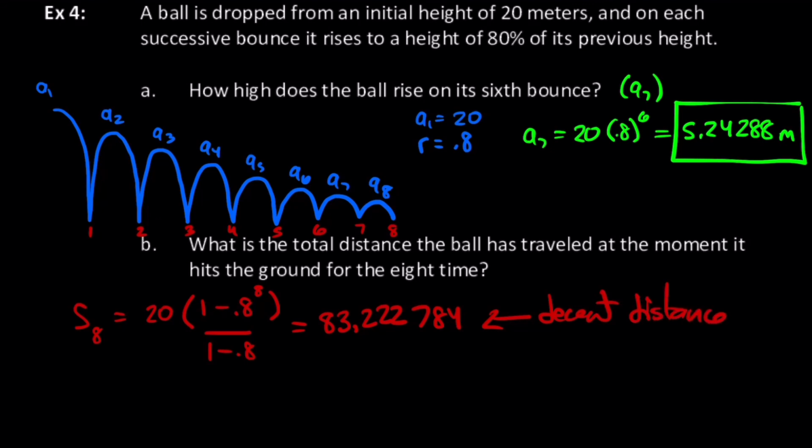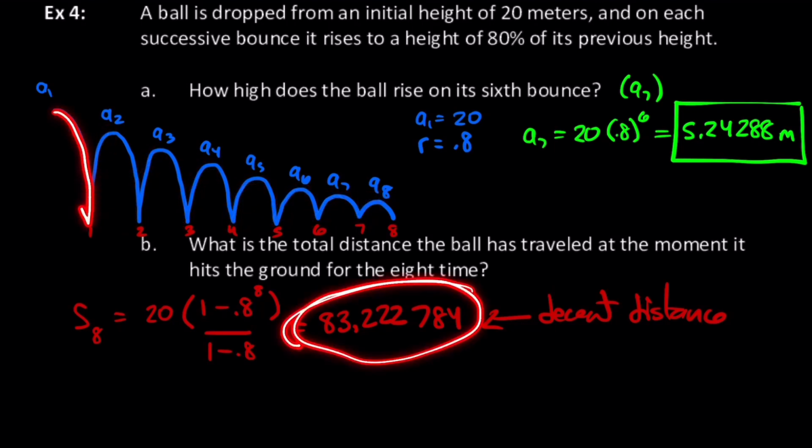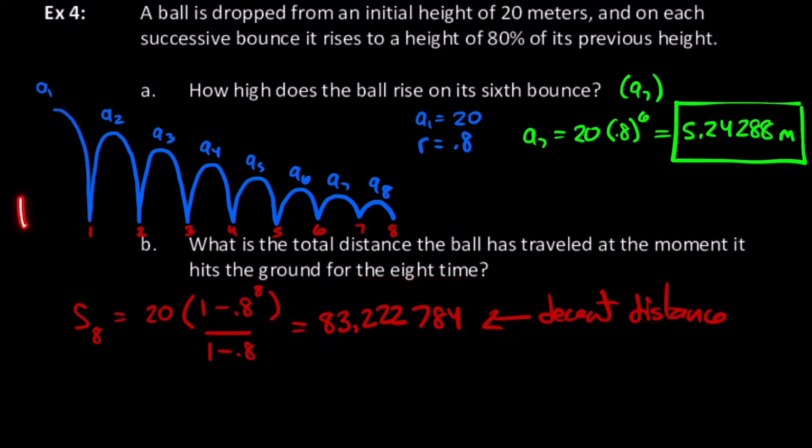Well, the ball also went up each time. So now what I have to do is I have to add these in. Well, how many of those are there? You could do a whole new sequence, or you can realize, well, hey, this distance here, all of these, is simply going to be this distance minus that one. Because the ball didn't go up to that height, it was dropped from that height.